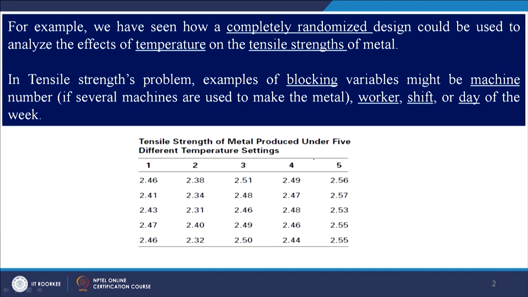We have seen an example wherein we just tested the effect of temperature on the tensile strength of metal using one way ANOVA, and that was a case where we used completely randomized design, right.